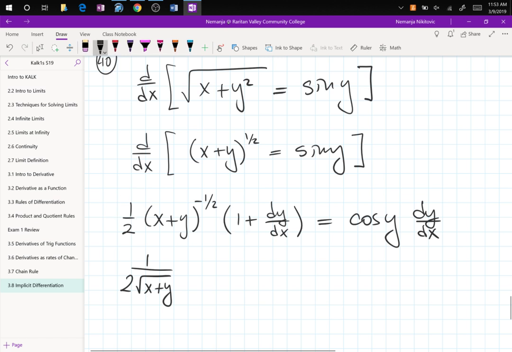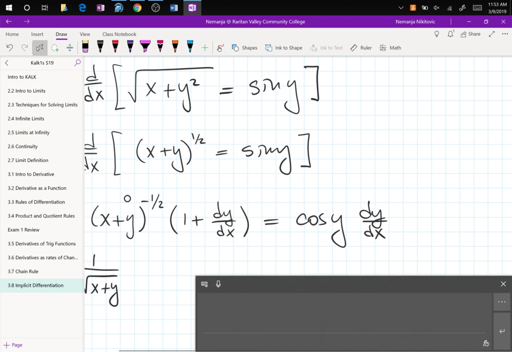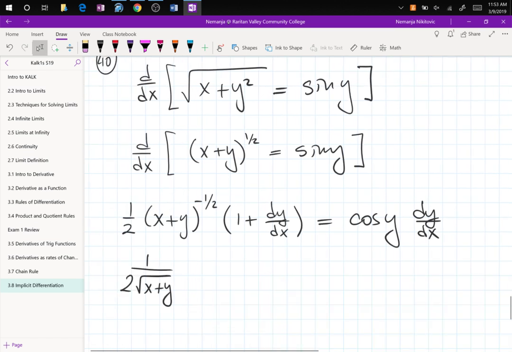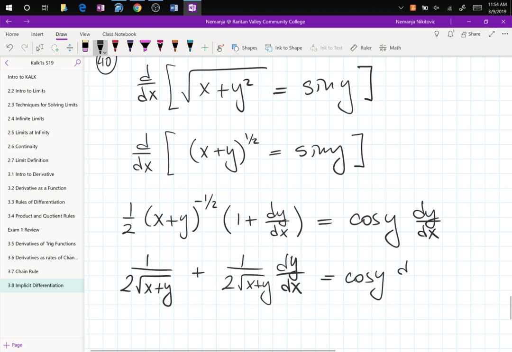So that's all we need. And then we go plus. Now I have the same thing. 1 over 2 root x plus y, but it has dy/dx attached to it, is equal to cosine y dy/dx.